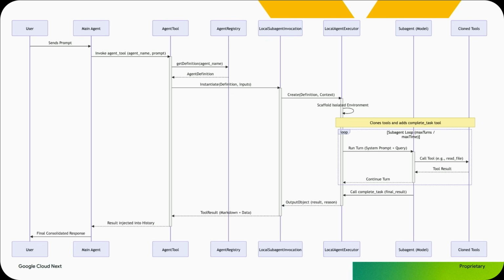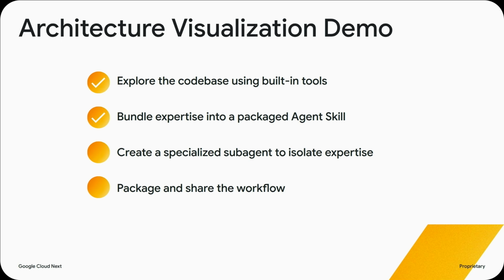And now that John's pretty happy, we have step 2 checked here, which is we bundled expertise into a packaged agent skill. Now, as our workflows get longer or larger and we have more complex tasks, we get into a world where a lot of these skills are not sufficient. How?